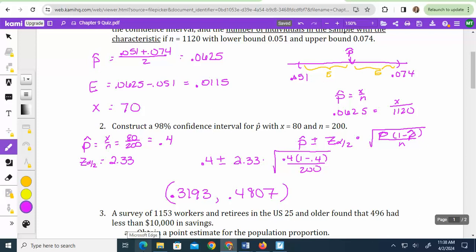So my confidence interval is 0.3193 to 0.4807. So I'm 98% confident the value is between those two numbers. Is that one okay?